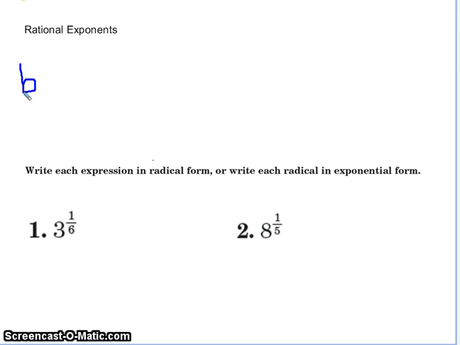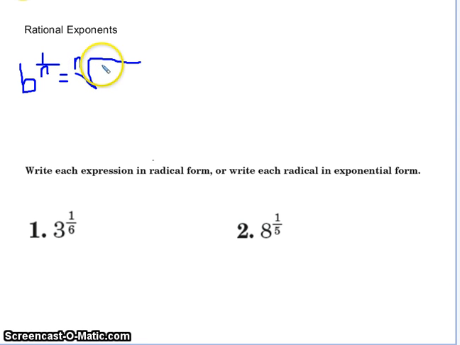If you have b to the 1/nth power, then that is going to be equal to the nth root of b. I'm going to try to write that a little better.